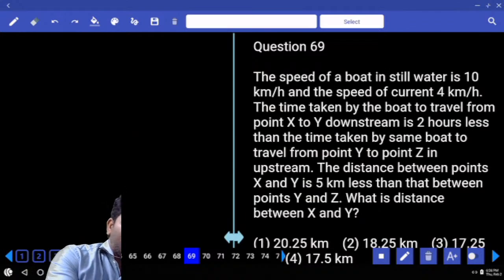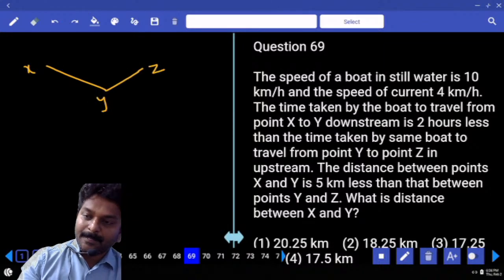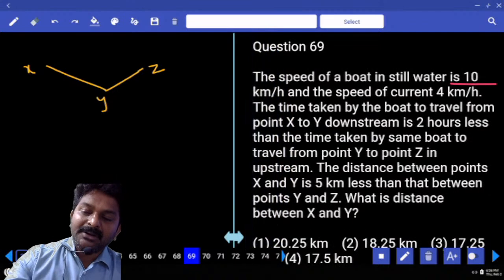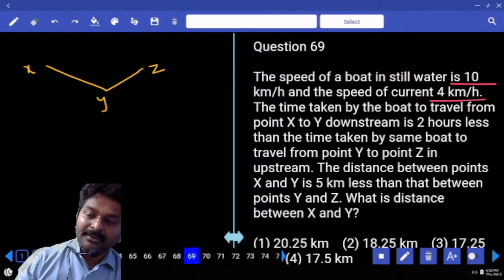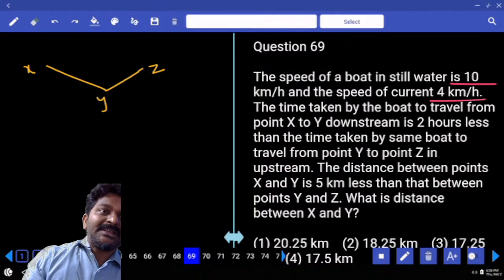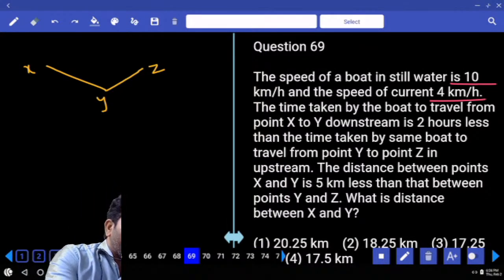Okay. X to Y, it is downstream. Y to Z, it is upstream. Speed of the boat in still water, 10. Stream speed, 4. Now what is downstream speed? 14.